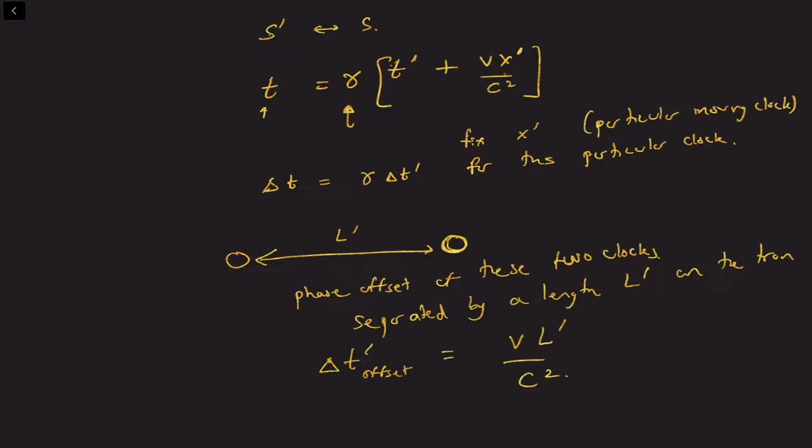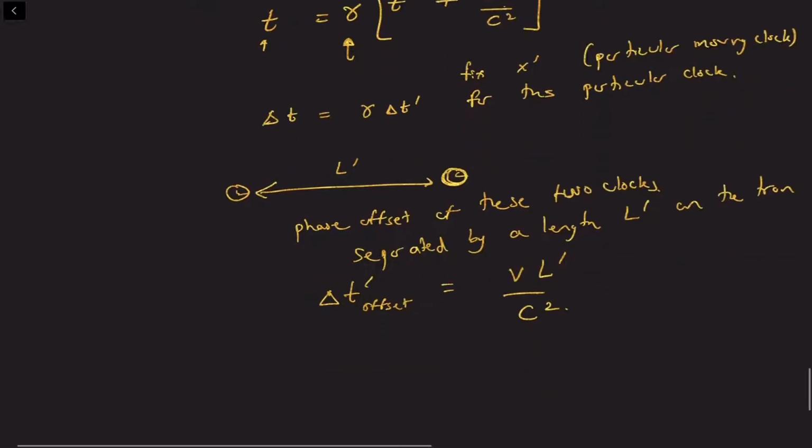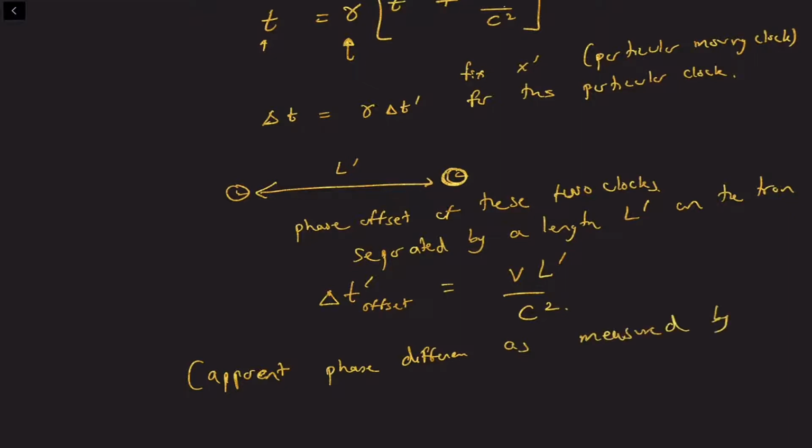Okay, so this would be the apparent offset in the time on these clocks as measured by an observer on the ground. So this is the apparent phase difference as measured by an observer on the ground.